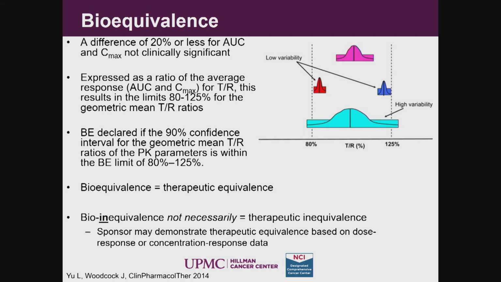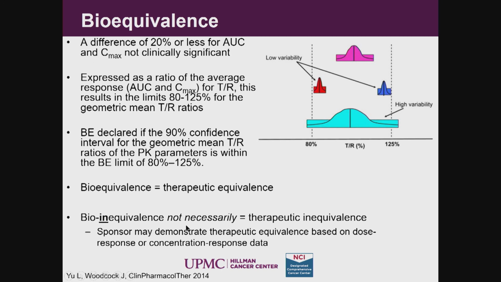Your formulation on average can be exactly the same, but given high variability, the confidence interval can extend across your limits with high variability. And so what we can conclude is that bioequivalence means therapeutic equivalence, but bioinequivalence, like in the bottom situation, does not necessarily mean that your formulations are therapeutically inequivalent.